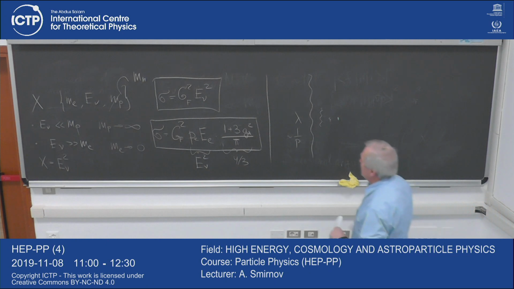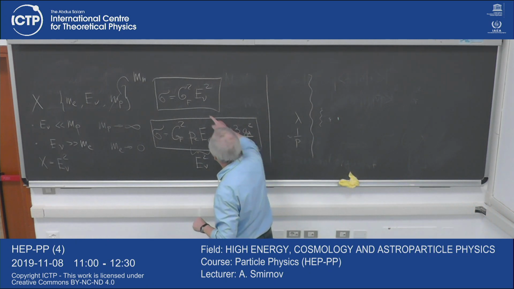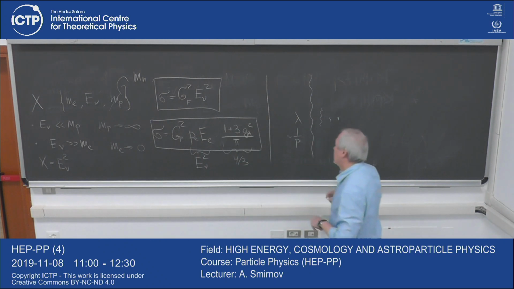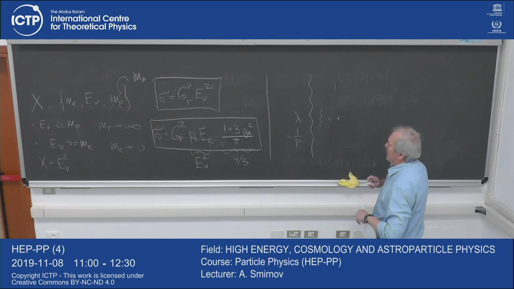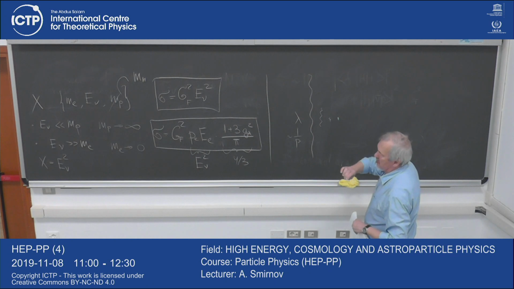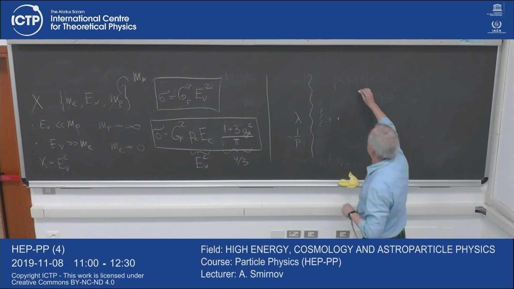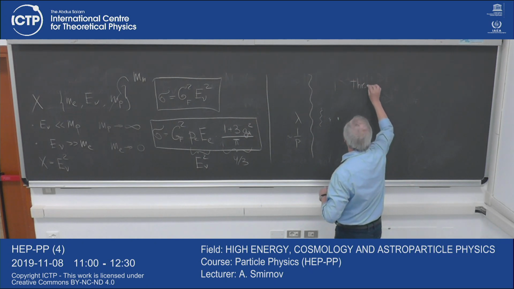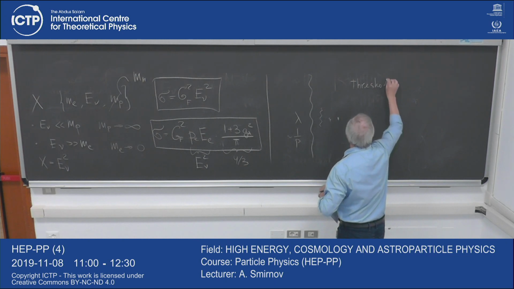Now, what is staying here is the momentum and the energy of the electron. And the point is that this process has a threshold.